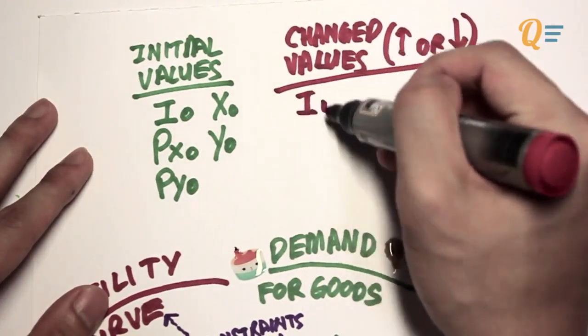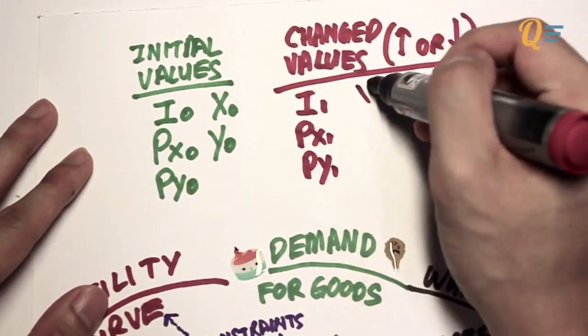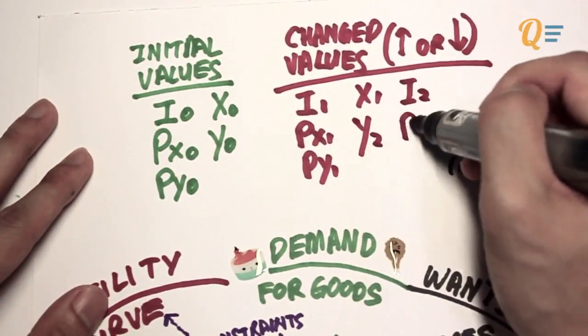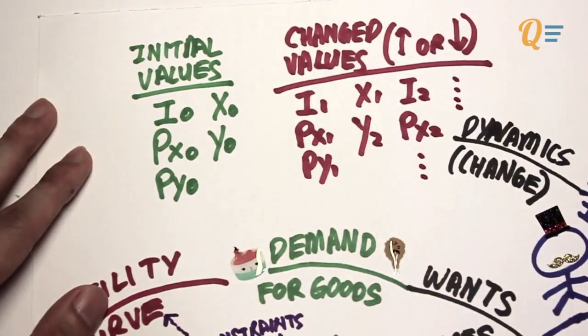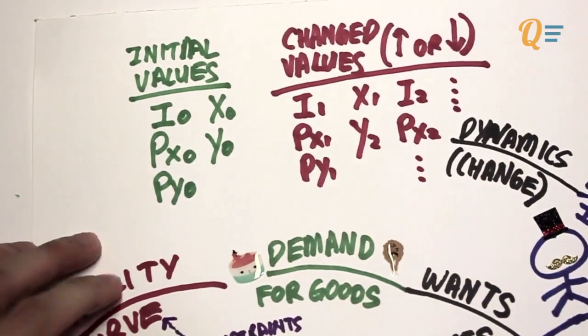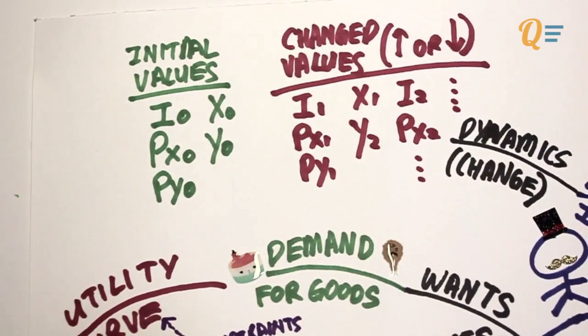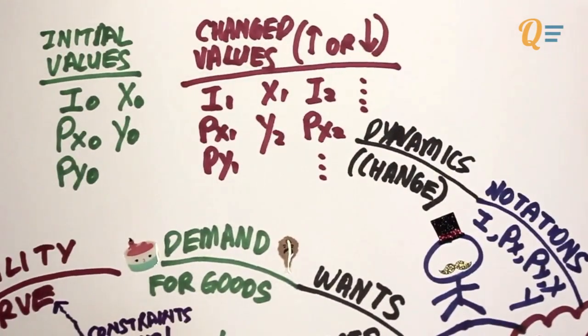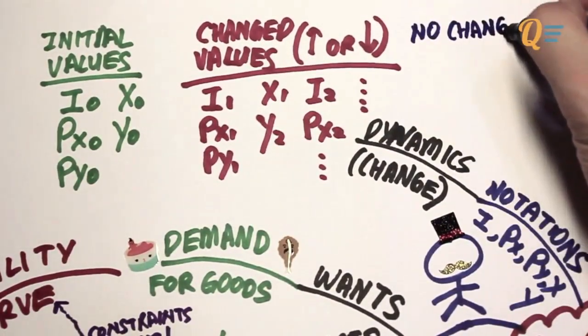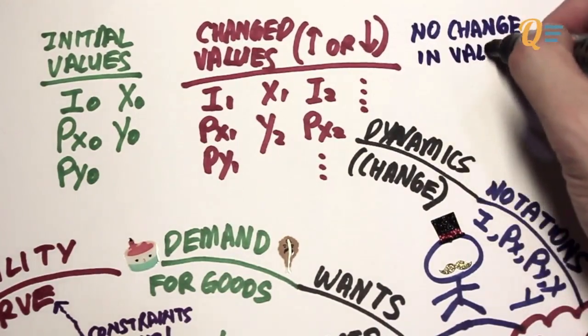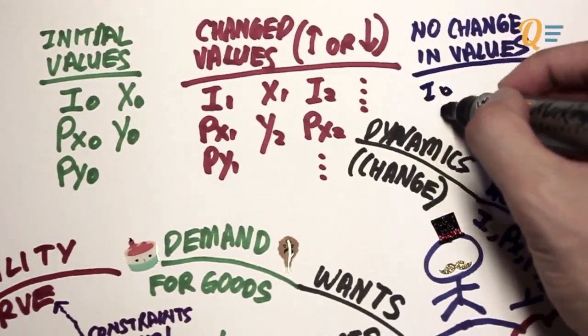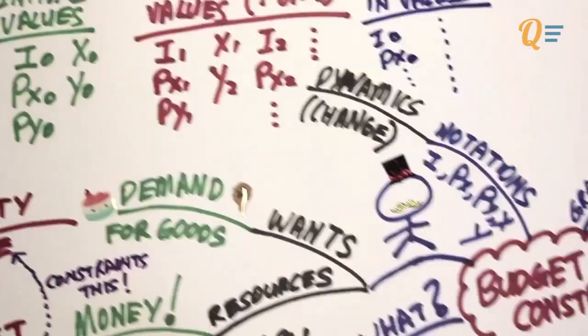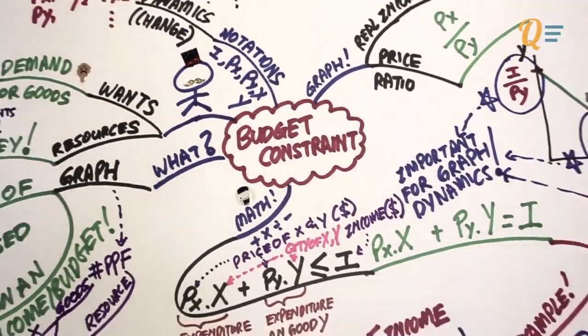So we're going to increase the value of the subscript, so you actually get I1, Px1, Py1, X1, Y2, and so on and so forth. As long as the values keep changing, just increase the value of the subscript. And obviously, if some of the values do not change, or what we call remain constant, just leave the subscript as naught. Well, we don't call it 0, we actually call it naught.